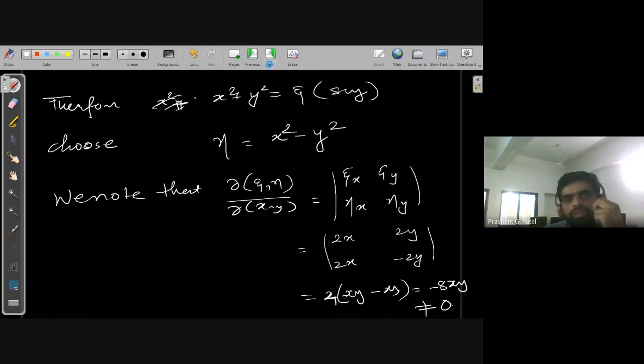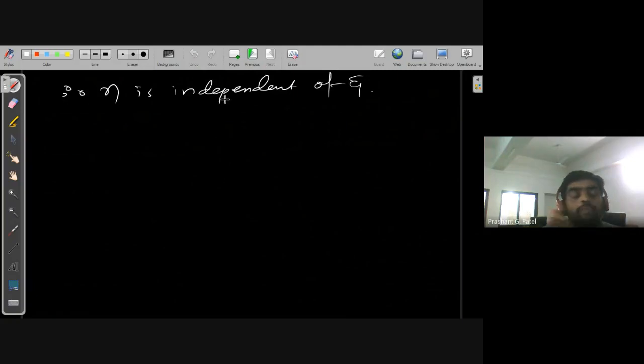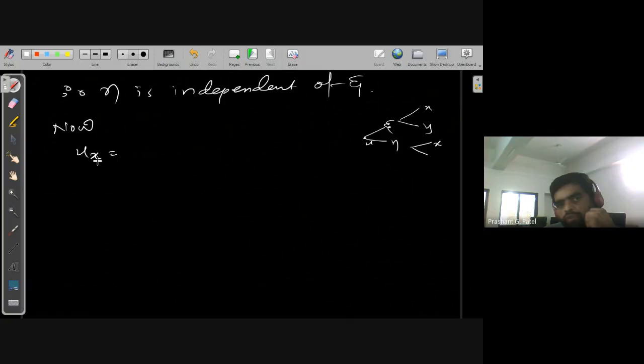So now we need to find out what will be the transformation of the given equation. That means we need to change the variables. So now let us see what is ux. As we know that u is a function of xi and eta, and xi and eta are functions of x and y, ux will be u xi xi x plus u eta eta x.